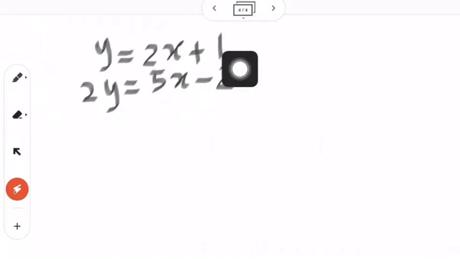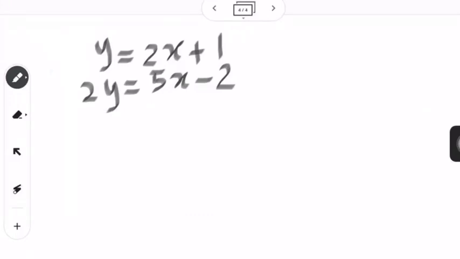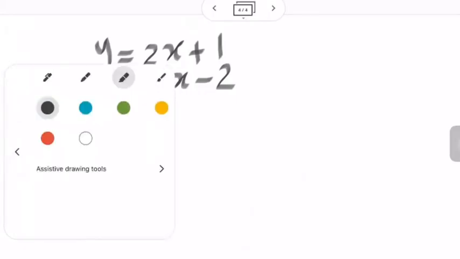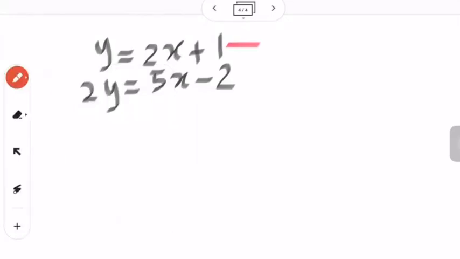Second equation, we have 2y equals to 5x minus 2. Okay, dua-dua lain kan? Kalau you nak tolak y, tak boleh. Dia tak boleh eliminate juga. Nak tolak x pun cannot eliminate also. It's not eliminated straight away.